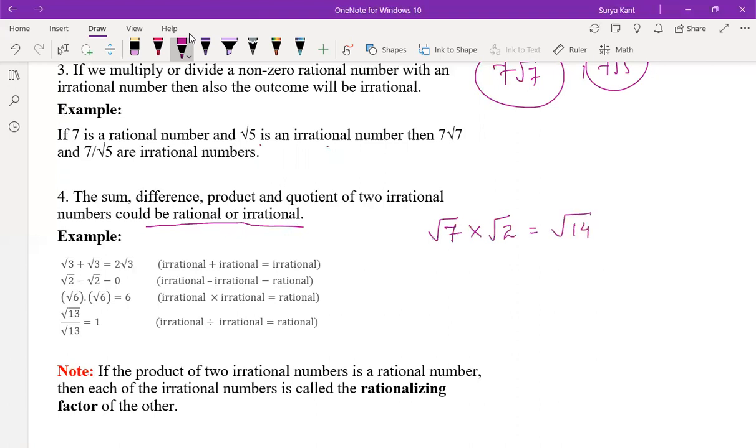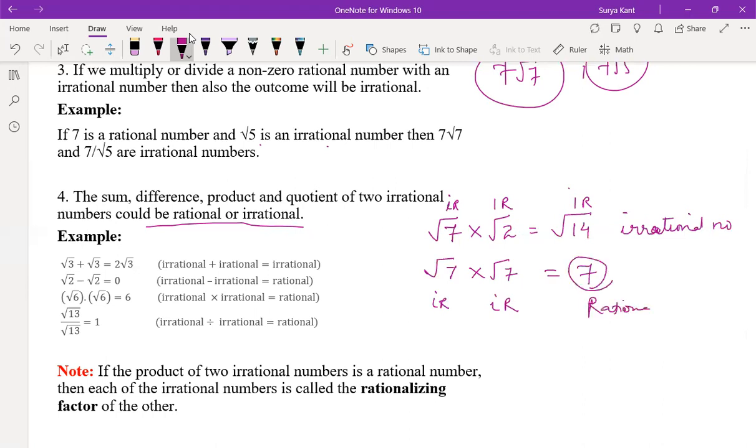This is an irrational number. Similarly, if I multiply root 7 into root 7, what do we get? We get only 7. So an irrational number multiplied by an irrational number, we are getting a rational number. So the difference, sum, product, and quotient of two irrational numbers could be rational or irrational. We can't say.